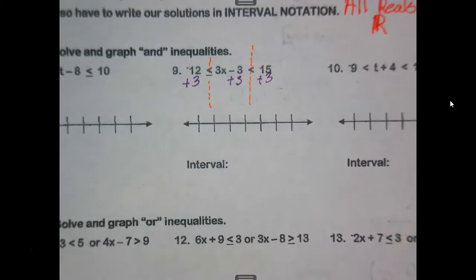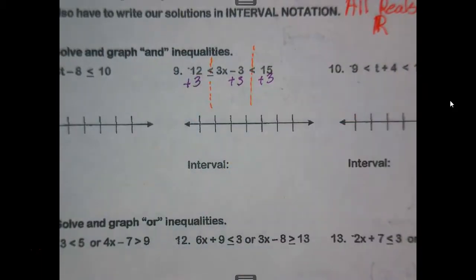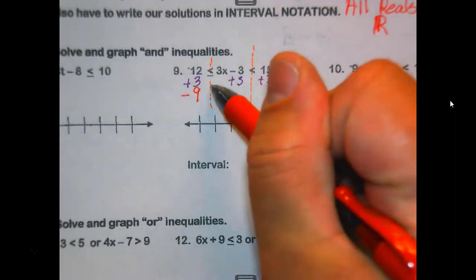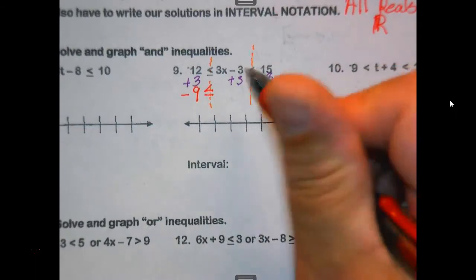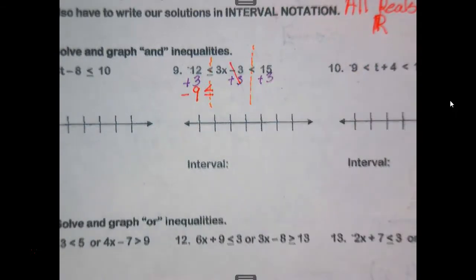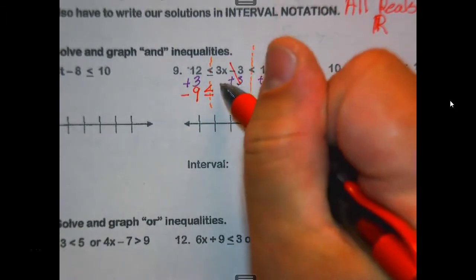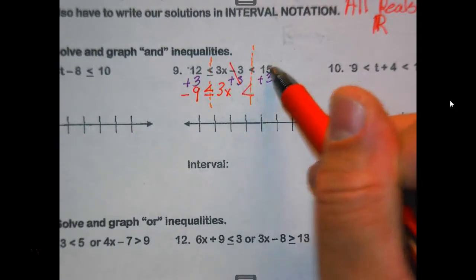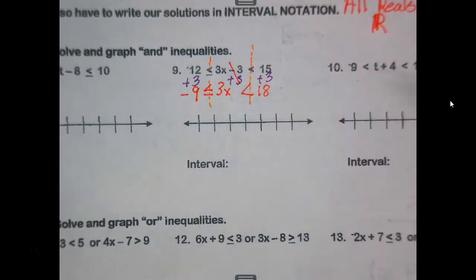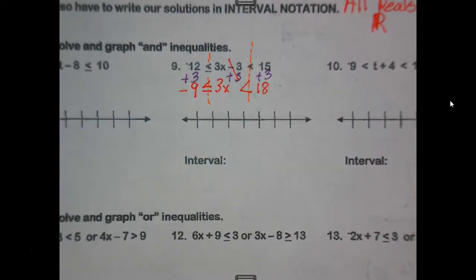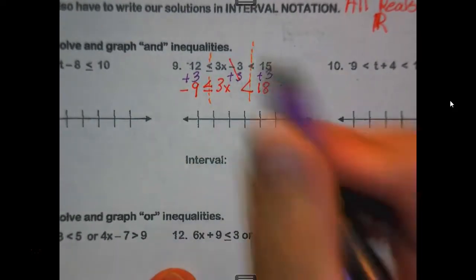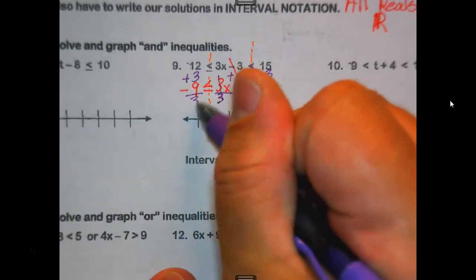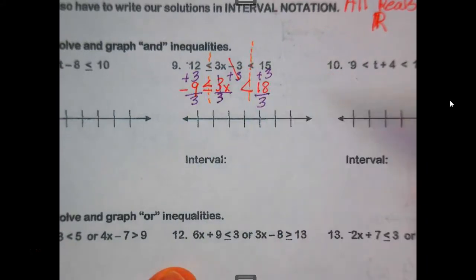Okay. Negative 12 plus 3 is negative 9. I'm adding, so the inequality sign stays the same. These add up to 0. I have my 3x. This stays the same. 15 plus 3 is 18. Then I have to divide by the coefficient 3, divide by the coefficient 3, divide by the coefficient 3.